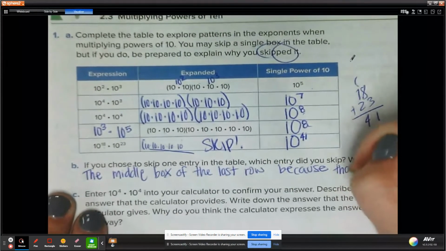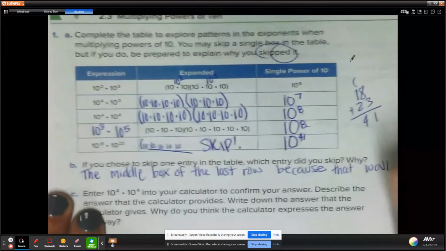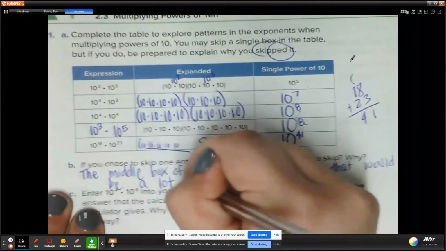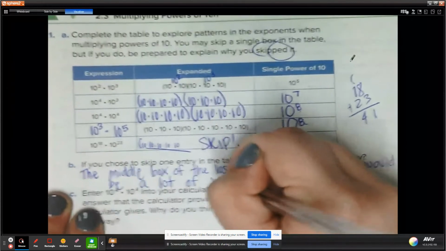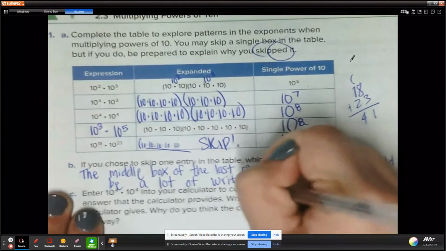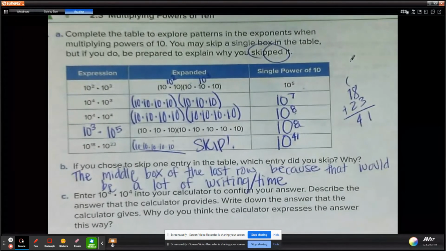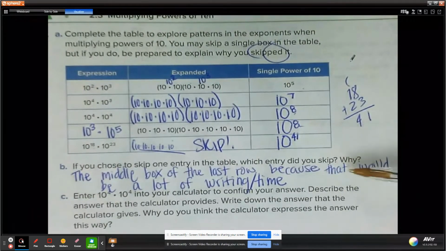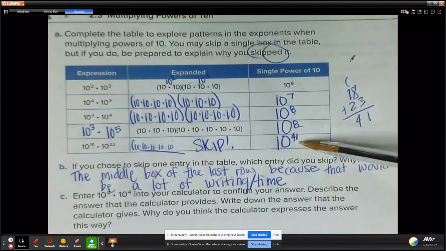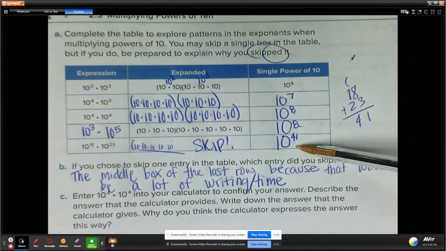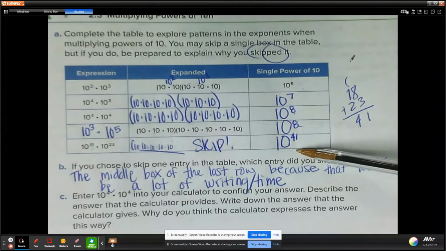Because that would be a lot of writing and time. Okay, it's really just not efficient. That's why we have exponents, to help us be more efficient. Because if you're going to be here writing 10 times 10 times 10 times 10 times 10, 41 times, you need to get away. Just kidding.